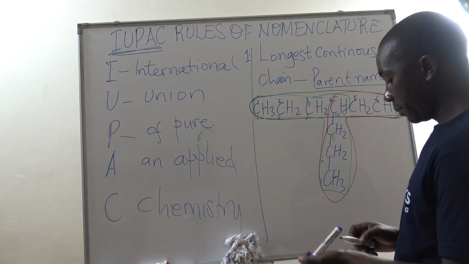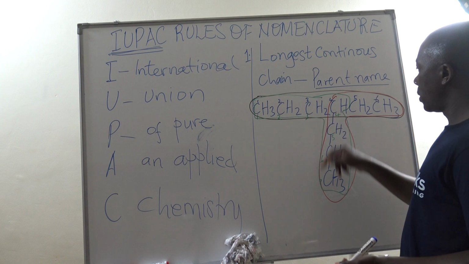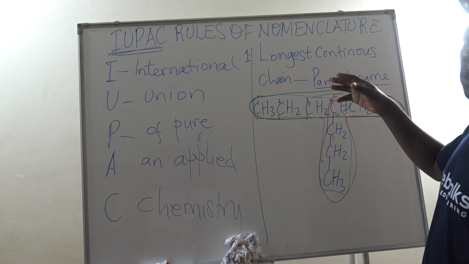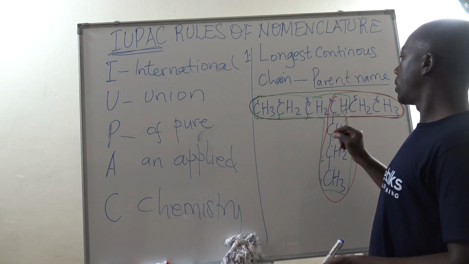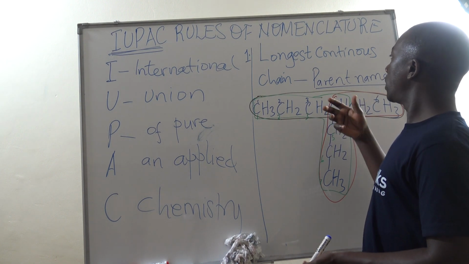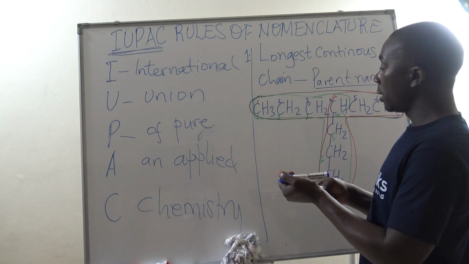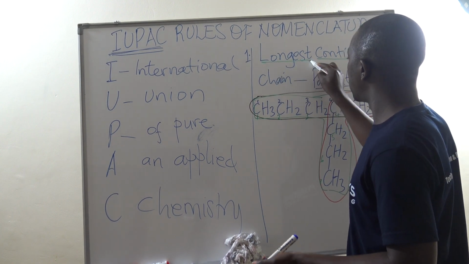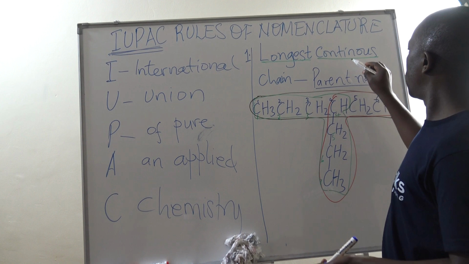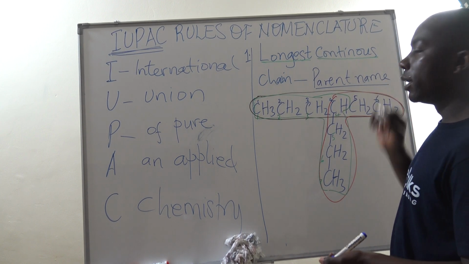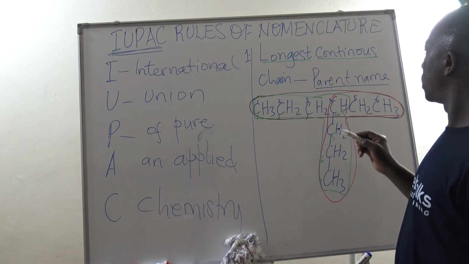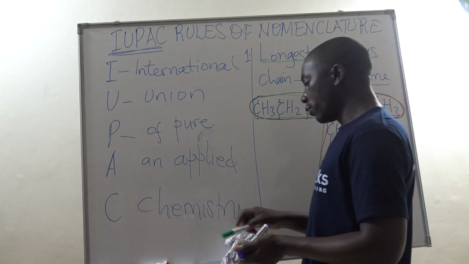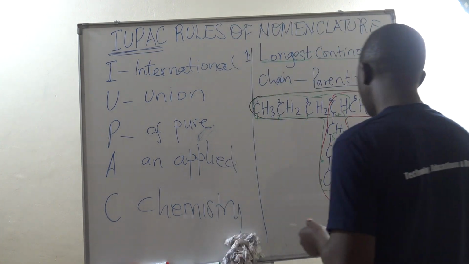So you see, this is already 7, the other one is already 6. That means the one with 6 is out. It is not the longest continuous chain. It is continuous, fine, but not longest. A chain could be longest but not continuous, or continuous but not longest, so we should consider both cases.